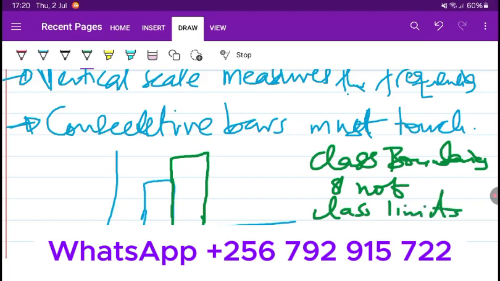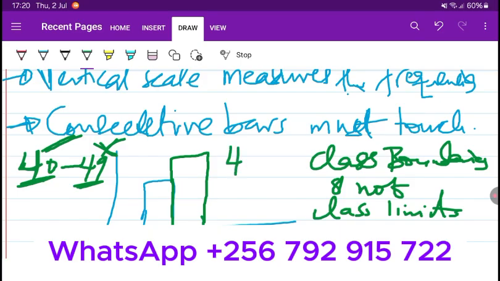Remember we said if you want to get the class limit, if you are given a class of, let's say, 40 to 49, these are class limits. 40 is the lower class limit, then 49 is the upper class limit. But now if I want to get the class boundary, I subtract 0.5 from 40, then I add 0.5 to 49.